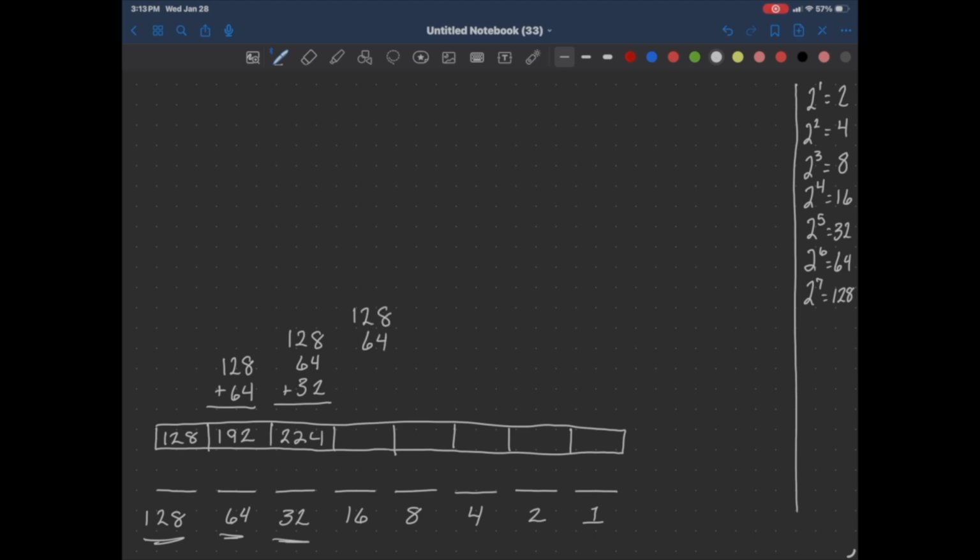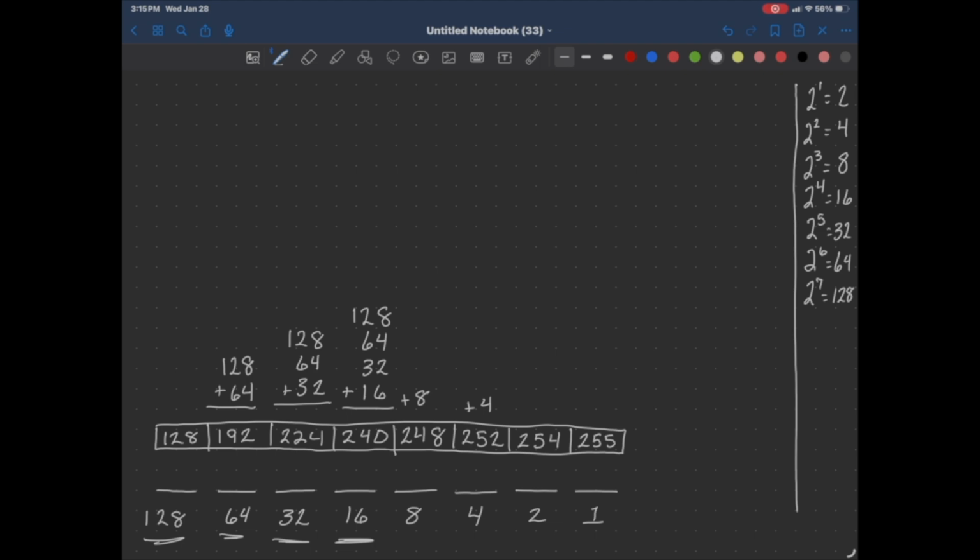I'll add 16 to get 240, then 8 to get 248, and 4 to get 252. If you are only subnetting in the 4th octet, you can technically stop here. But you may as well write the final 2 values as well, because this table will then work for subnetting in any octet. What do we use these numbers in the boxes for?